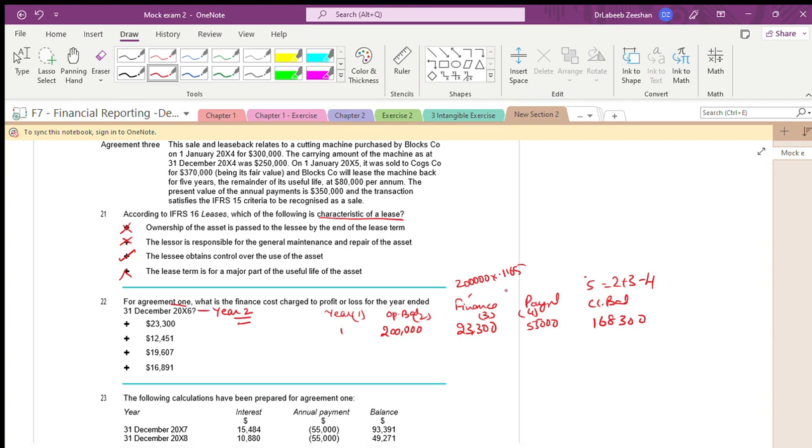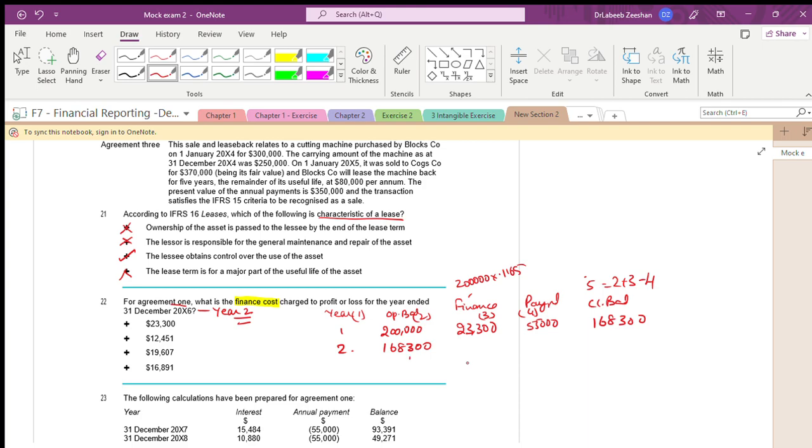Good. Second year, they are asking for the second year. Are you clear about the first year? Yes, it's clear, 168,300. They are asking us the finance cost only.